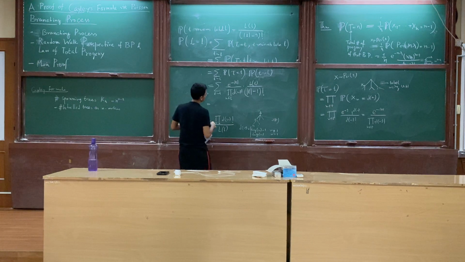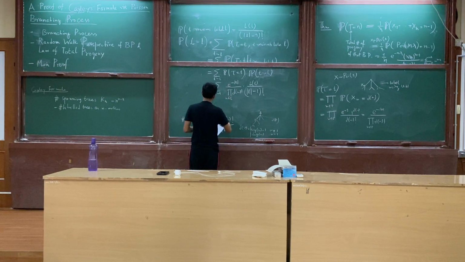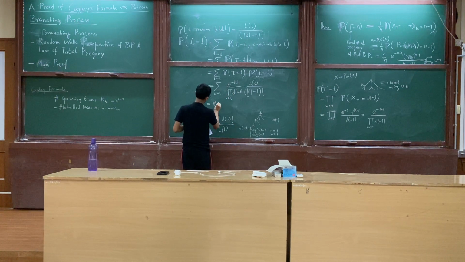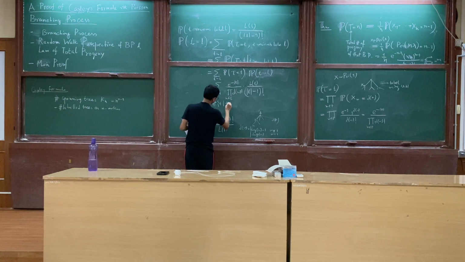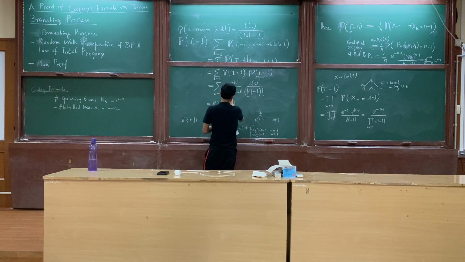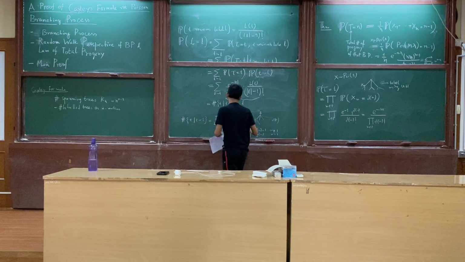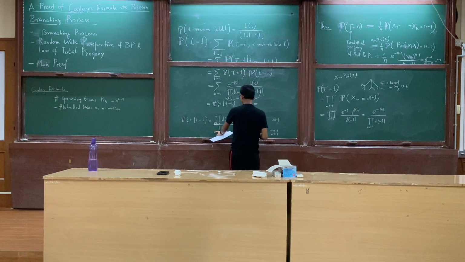Then as you can see, this term doesn't even depend on T. So we take the total number of trees that can receive label L times all this clutter. Let's plug into this.